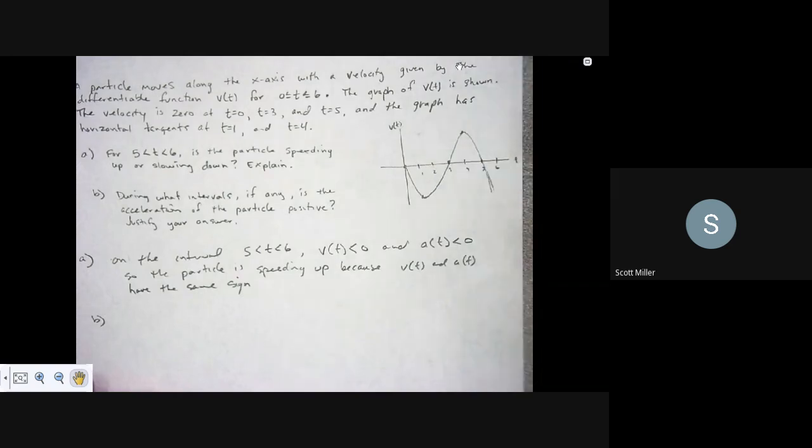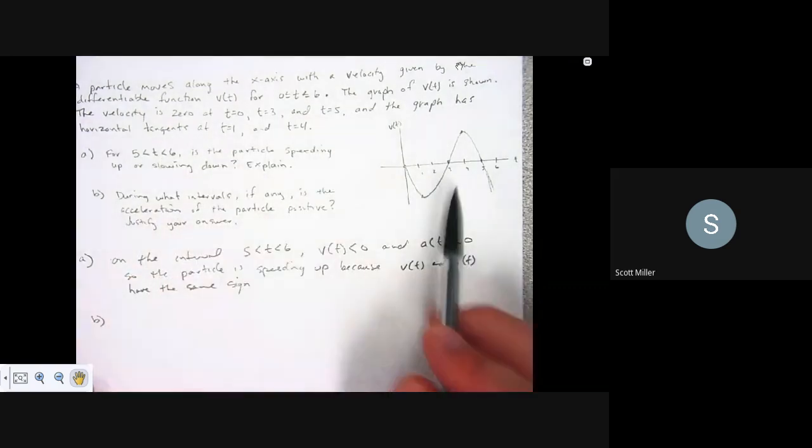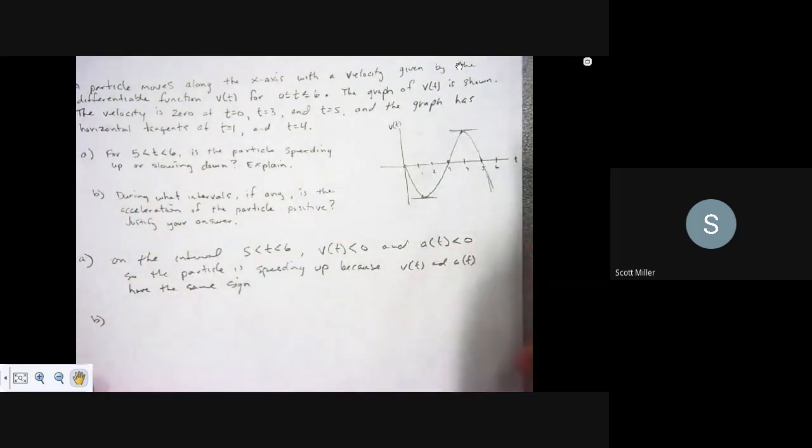At any point I look at, I can put a dot here and look at a tangent line, and the slope of that line will determine if the acceleration is positive or negative. This is why they gave you this information: you have horizontal tangents at 1 and 4. So at 1, we have a horizontal tangent. At 4, we have a horizontal tangent, meaning the acceleration is 0 there.